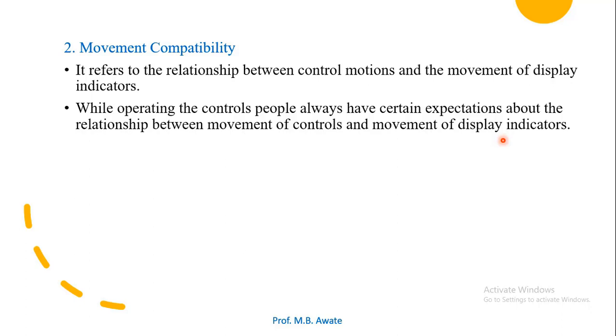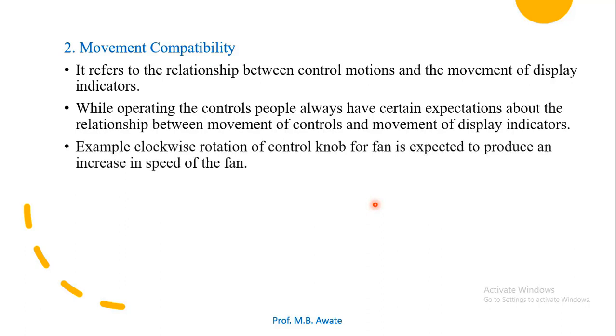So this is the kind of expectation there is about movement of controls and movement of display indicators, as far as movement compatibility is concerned. For example, clockwise rotation of a control knob for a fan is expected to produce an increase in speed of the fan.